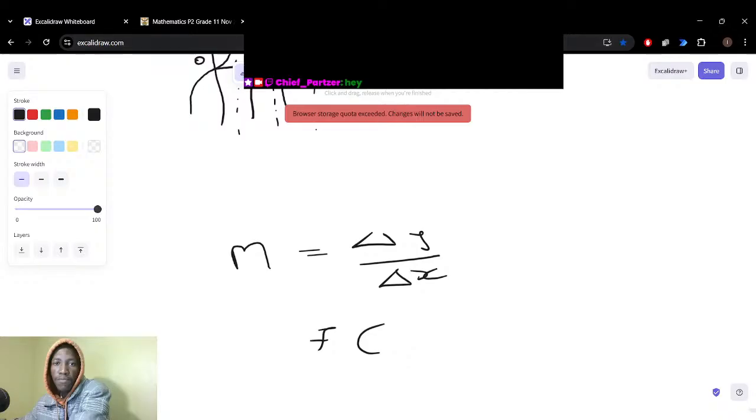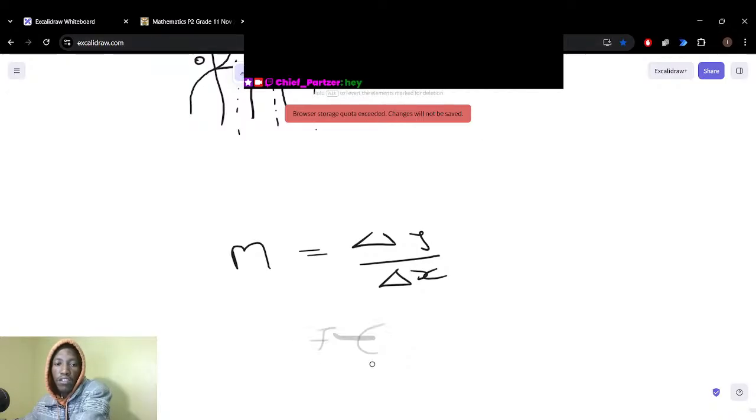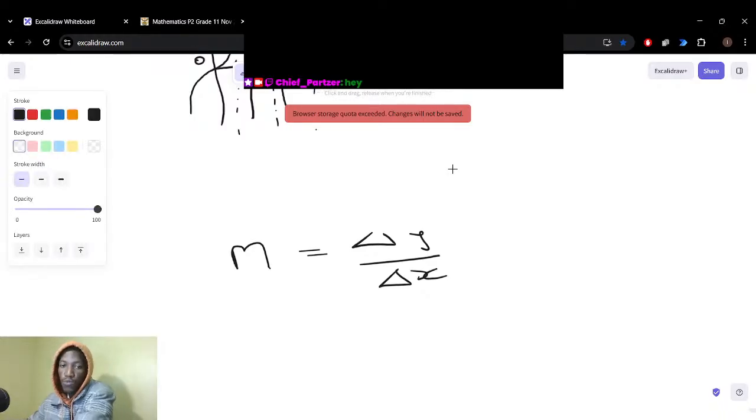So we know that when you are given 2 points, you use this form: m, which stands for gradient, is equal to change in y over change in x.